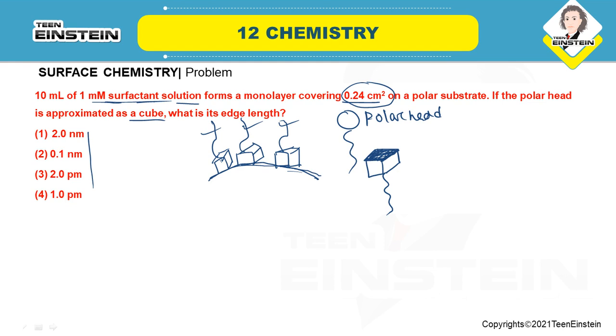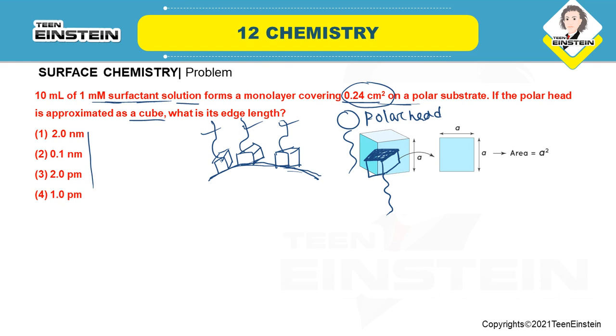That means you can easily find out the number of surfactant molecules from this concentration. Now if you know the number of surfactant molecules and the total area of coverage, then you can easily find out the area per molecule, and if you know this, you can find out the edge length.